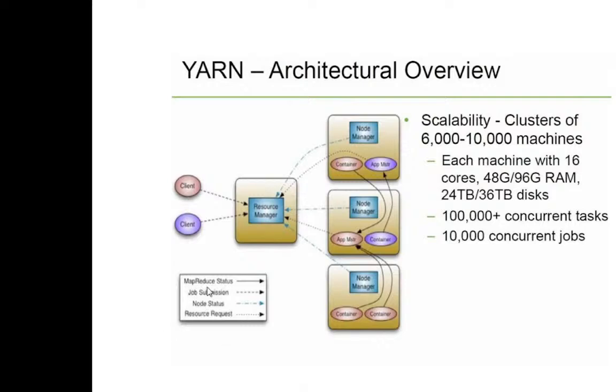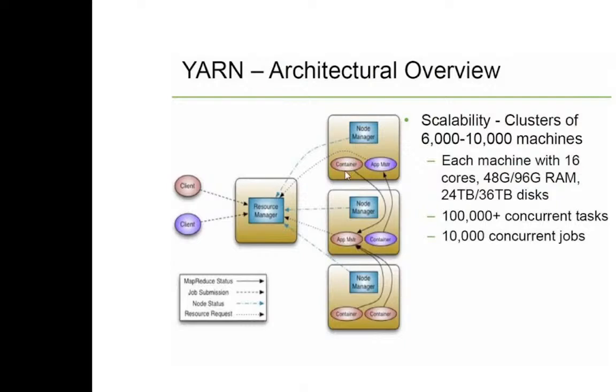Oh, okay. So see, MapReduce status is nothing but these processes that are running. These containers will actually be running the MapReduce jobs. MapReduce status is represented with a solid line, right? So this container is running some MapReduce job, and it has to tell the status of that to its master, right? Whether that MapReduce job is successful or failed, or what the status is.